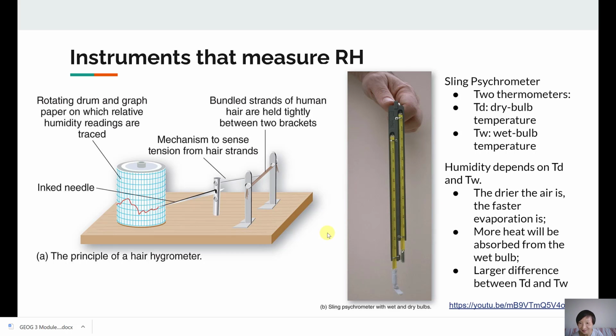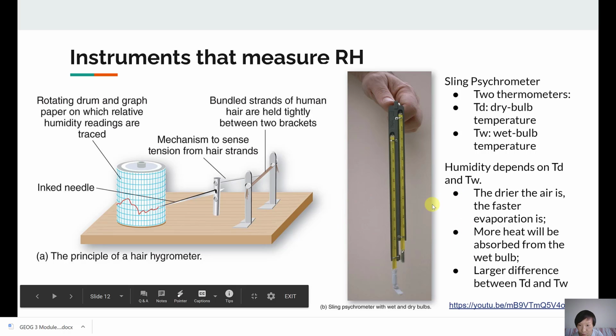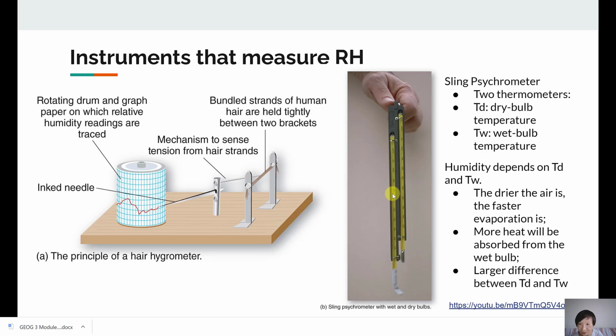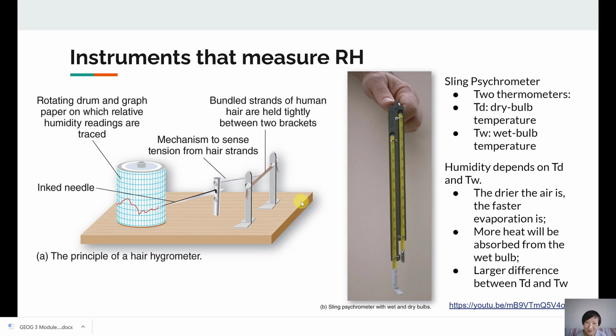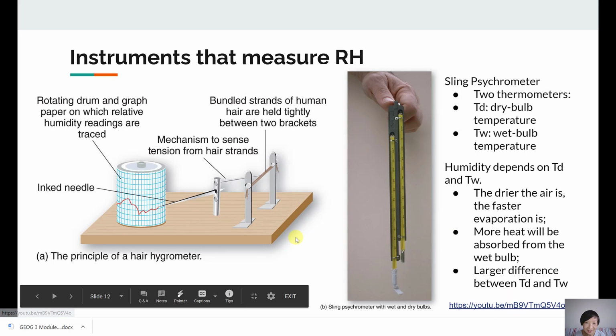If the surrounding air is saturated with water vapor, you won't have much evaporation, so the wet bulb will have a relatively higher temperature, very close to the dry bulb, so a smaller difference between the two thermometers. Make sense of that using this video.